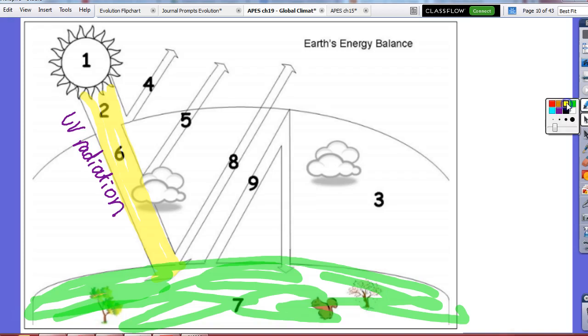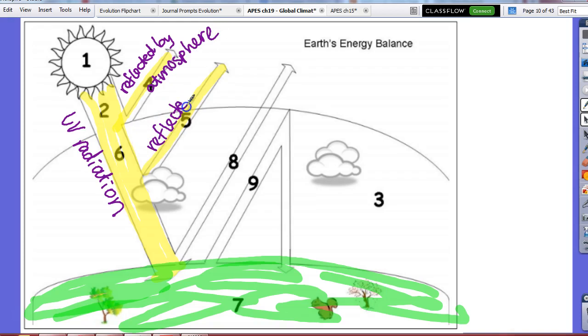Some of that sunlight is going to get reflected. And that's why we have these two arrows. So this is reflected by particles in the atmosphere. Again, up to you if you want to write any of these labels. And this is reflected by clouds.